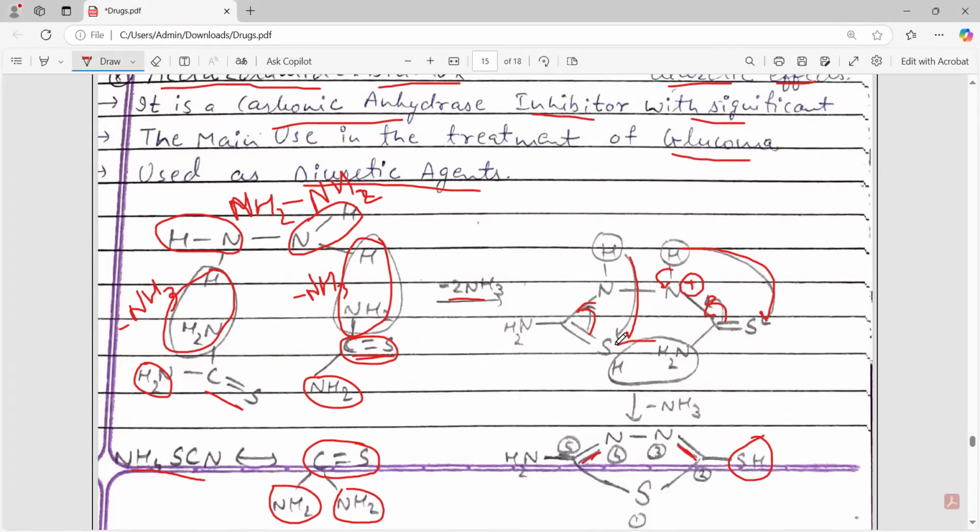Here also the ammonia group will be eliminated. So basically a cyclic ring will be formed between these two, with both sides directly attached to the sulfur.